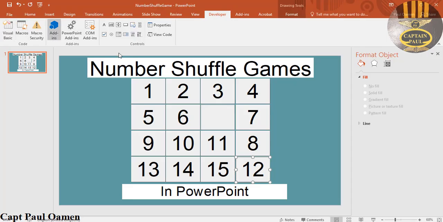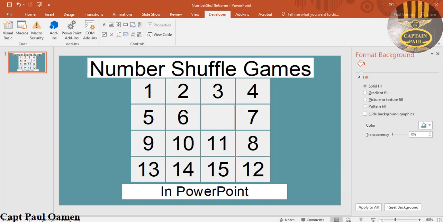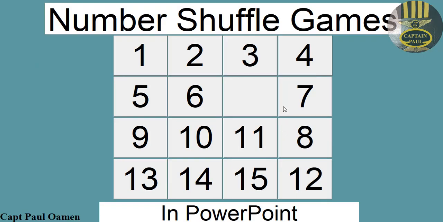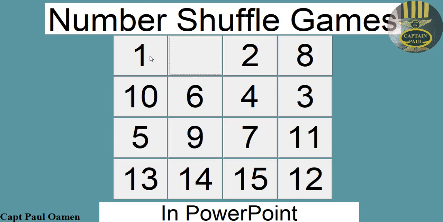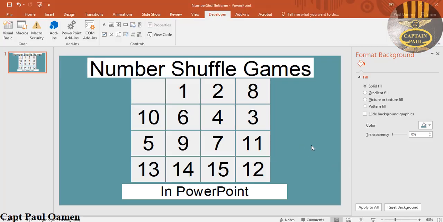Let's go at my slideshow again. Now what I want to achieve is, anytime I click on my slideshow, I would like the buttons to be shuffled automatically. So I'm going to right click and exit out.